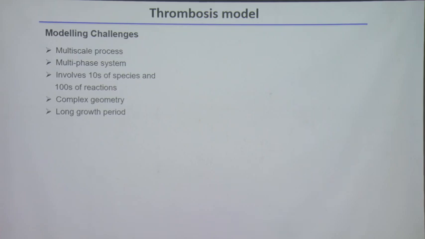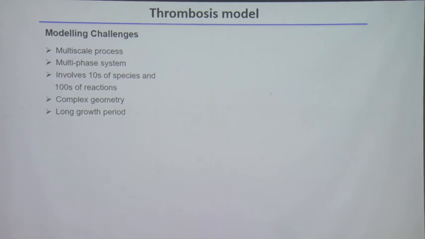Right, so having had a rough understanding of the hemostasis process and also the thrombosis process, we obviously realize there are lots of challenges in building such a model. First, this is a multi-scale process because of the involvement of cells like platelets, activation of platelets, aggregation of platelets, etc. And then it's also a multi-species process.